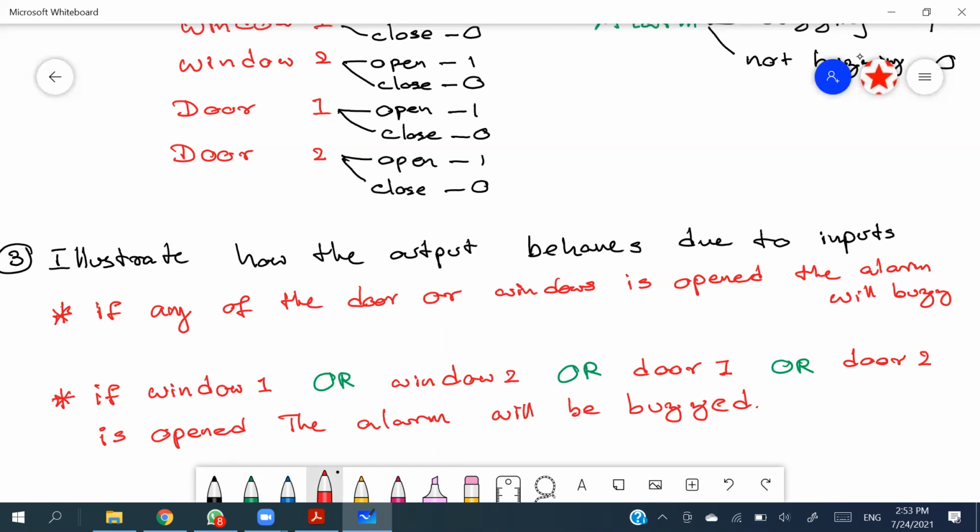Yes, people, are you getting this? So I wrote the same idea with the help of the inputs. Yes, everyone, are you getting this?